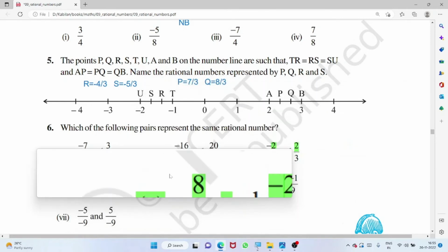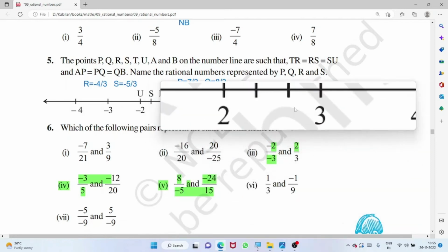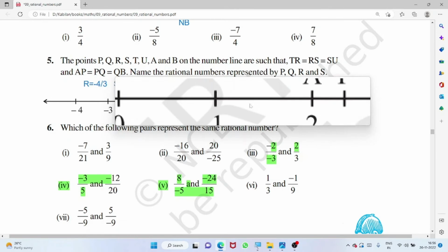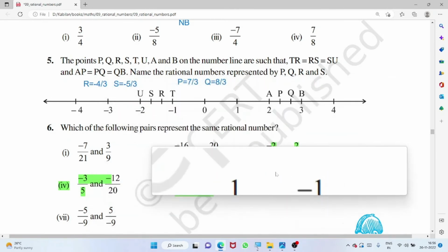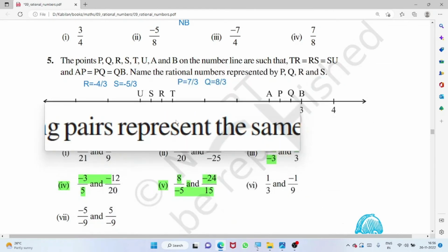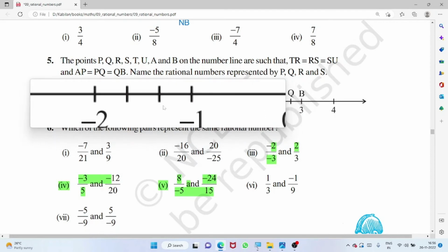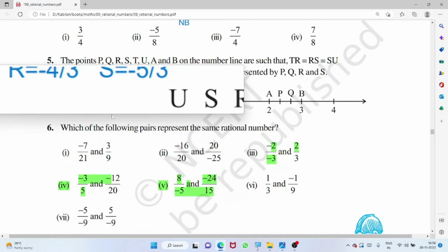P is 7 by 3 because there are already these 3 parts between the integers. Then Q is 8 by 3. Similarly on this side, 3 parts here, so minus 4 by 3, minus 5 by 3.